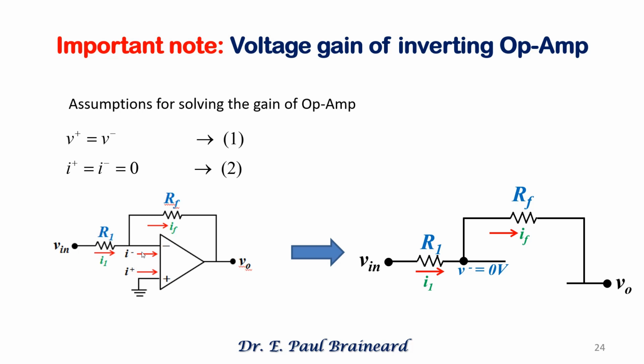The second important assumption is that the current entering into the operational amplifier is equal to 0. Substituting these two assumptions makes the operational amplifier circuit a very simple series R circuit, as shown in this figure. So appropriate usage of these two assumptions will help solve op-amp problems relatively easily. Thank you.